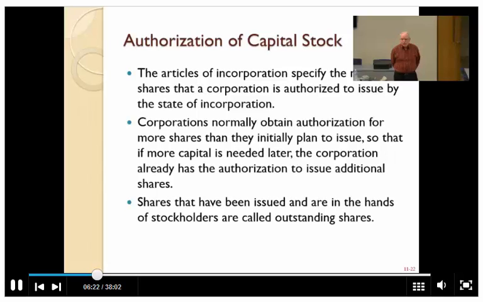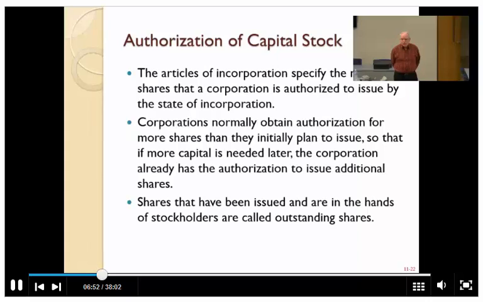And those shares are called authorized shares. All right? Now, there's a distinction. Authorized is you're telling the state these are the maximum number of shares that I want to issue. When you issue shares to the people in the public, the general public, those are called issued shares.